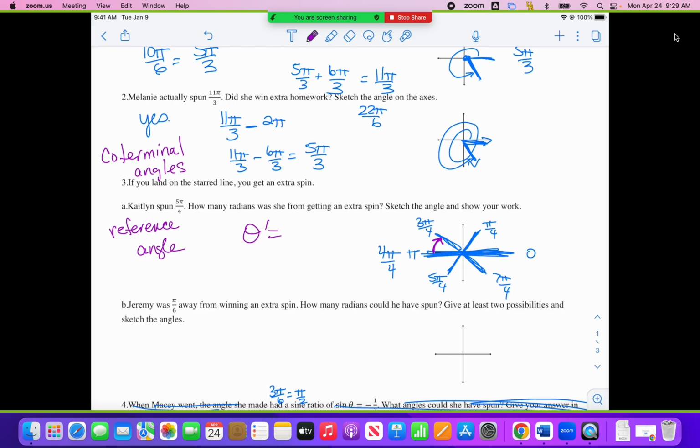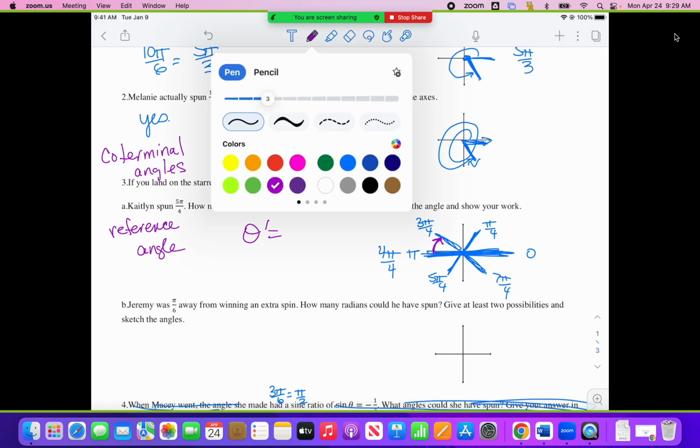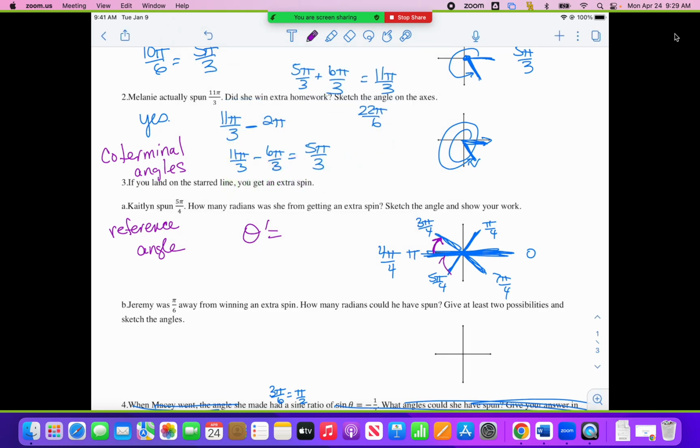And so theta prime, you take pi, and I'm going from here to get this theta prime. So that is 5 pi over 4 minus pi. So theta prime is the distance from 5 pi over 4, that terminal side, to the x-axis.